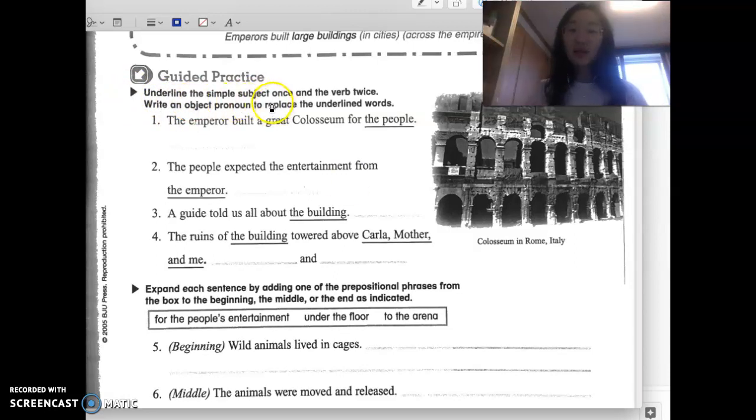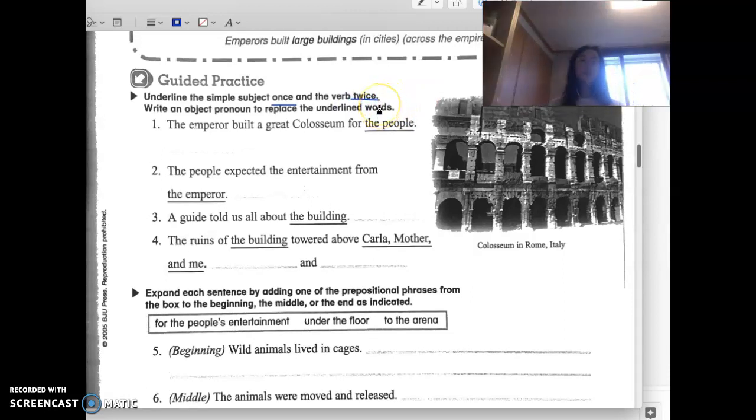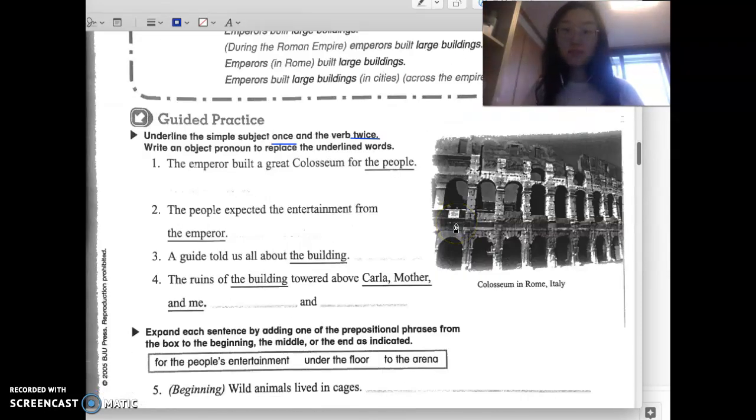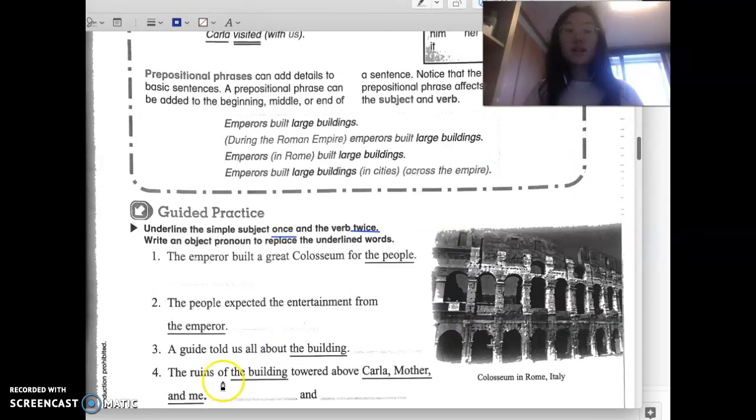Underline the simple subject once and the verb twice, and write an object pronoun to replace the underlined words. Great. So again, we have the object pronouns list here. Let's do the first one. The emperor built a great colosseum for the people. Subject is emperor, and the verb is built.